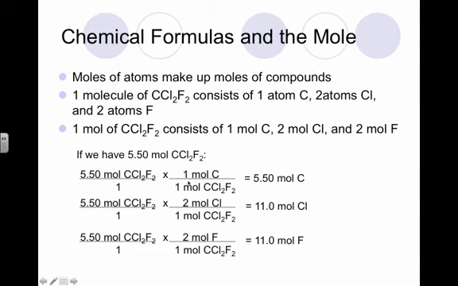It was a 1 to 2 to 2 ratio, so we just keep multiplying it by the 5.5. The important thing to note here is that moles are directly relatable to atoms. Keep that in mind, because there will be some instances where we're interested in the amount of an individual atom within a compound.